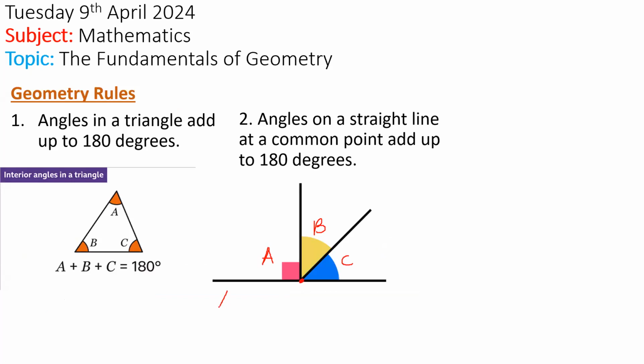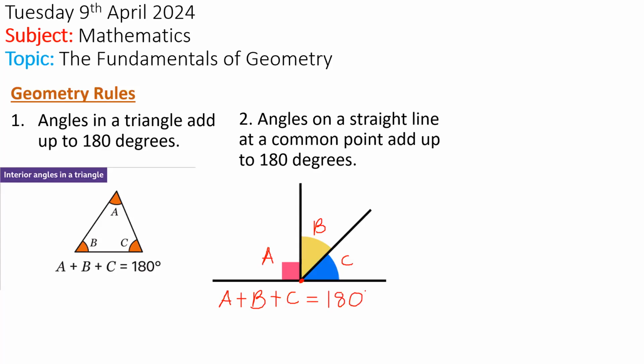So what do we know about them? We know that A plus B plus C must add up to what? 180 degrees.